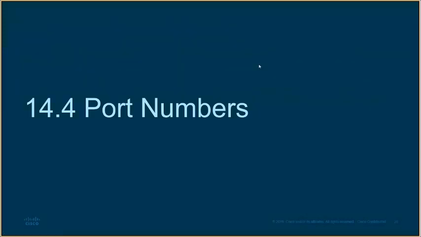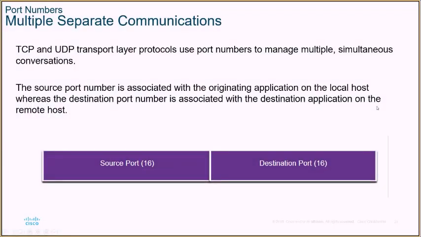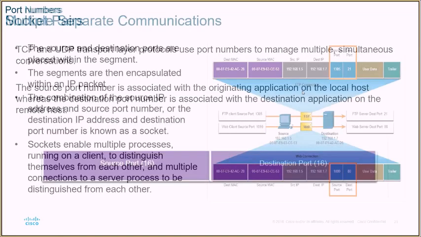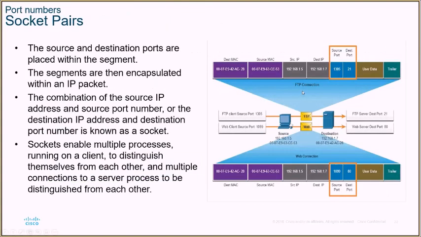So port numbers. As you saw in both UDP and TCP packets, they have a source and destination port number stored in them. So the source port number is associated with the originating application on the local host, whereas the destination port is associated with the destination application on the remote host. Now the term socket basically means a combination of IP address and port number.